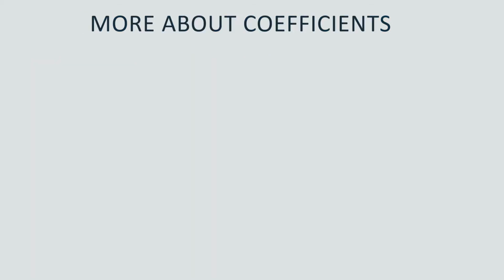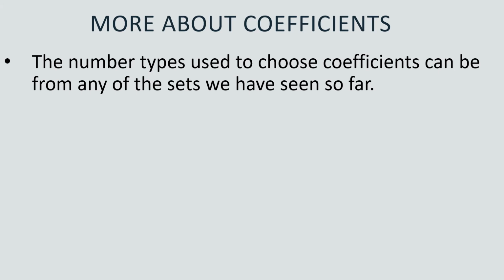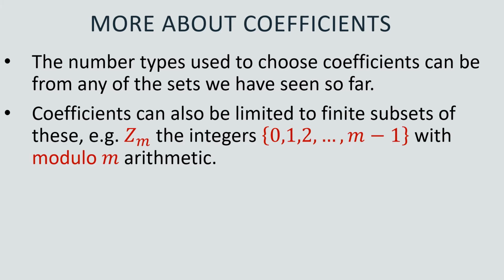So I'm going to say a little bit more about this notion of coefficient. The number types that we can choose the coefficients of a polynomial from can be any of the types we saw in the last lecture: the natural numbers, the real numbers, the rationals, the integers.